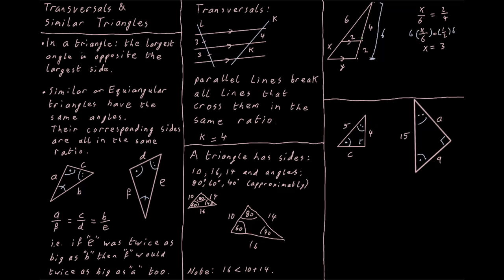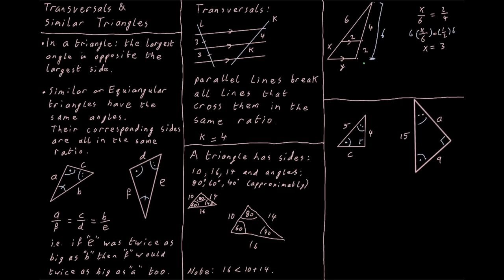So for that, I would have the smaller side of my triangle here compared to the total bigger triangle would be 4 over 6, or we'll do bigger to smaller because we're doing y, so 6 over 4, and we would have y over 2 must be the same ratio.